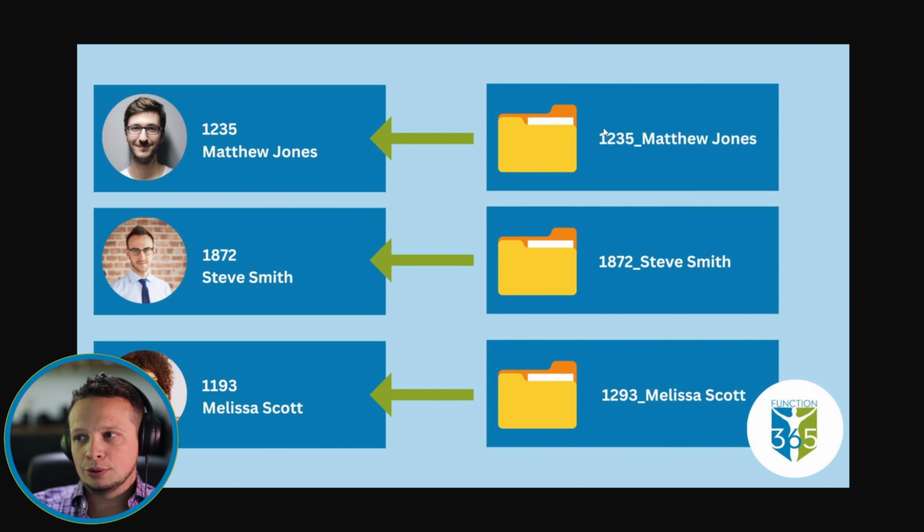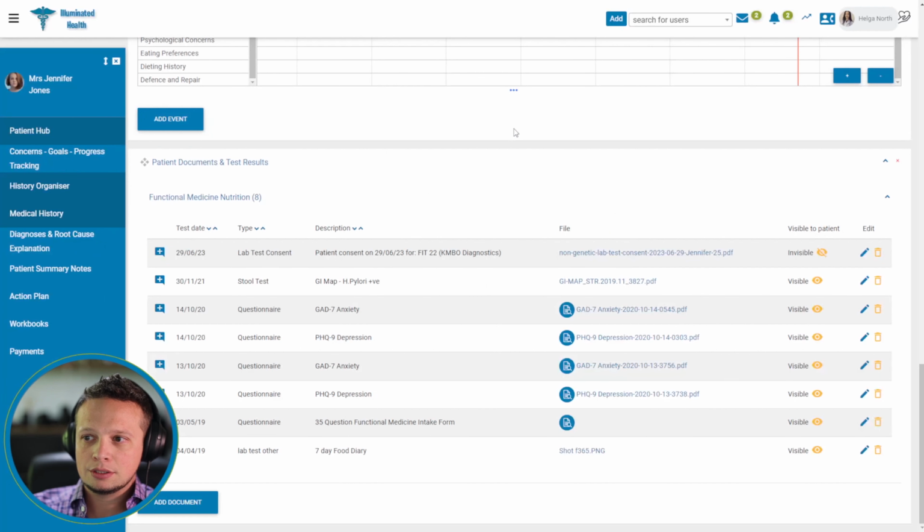And then you can upload Matthew's file, okay, with all of his information, and at the same time, the files for Steve Smith, Melissa Scott, etc. And F365 is using those ID numbers to match the information that are inside the folders that you've exported from Living Matrix. And what that does is attaches those files to the correct patient profile inside F365. It's very simple.